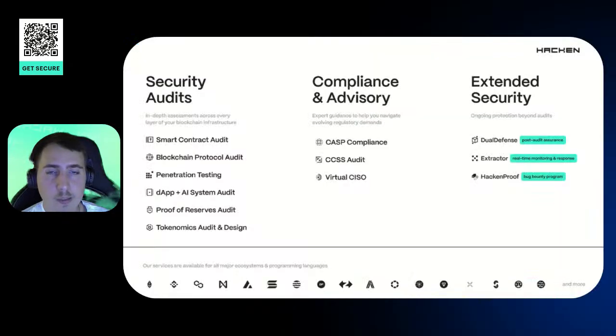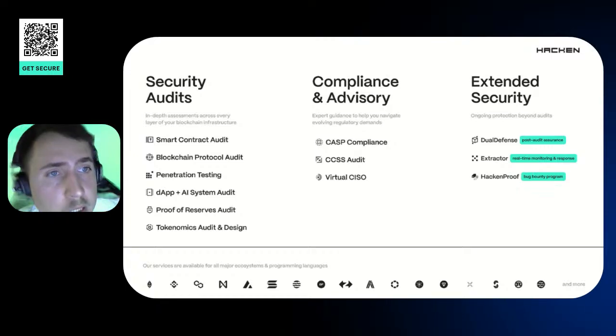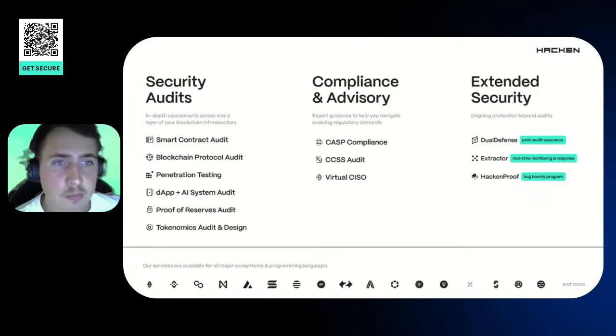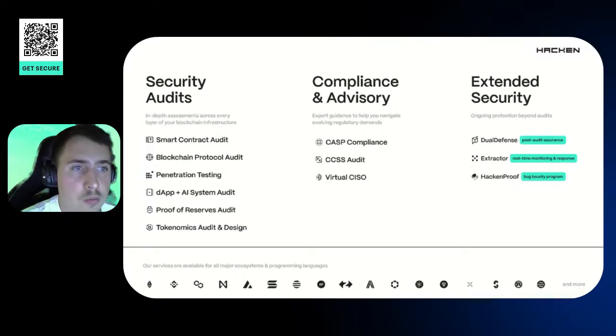So yeah, and from the Hacken perspective, we are a security service provider. We could take ownership of some of the problem areas for you, some of the non-core areas, with our, I would say, gentleman package for any Web3 project.